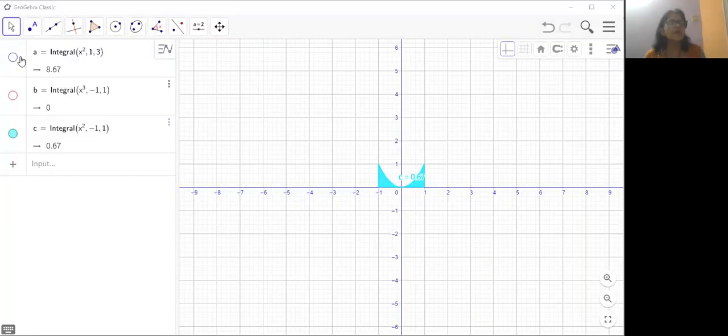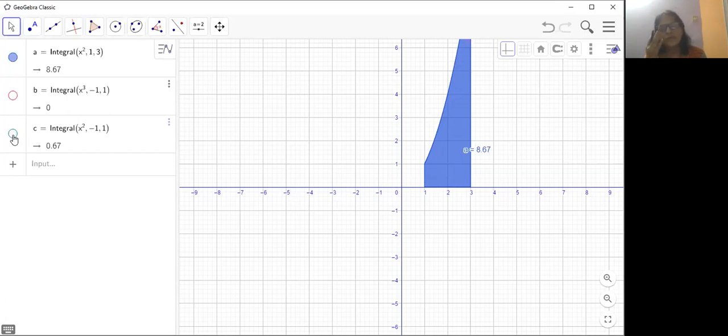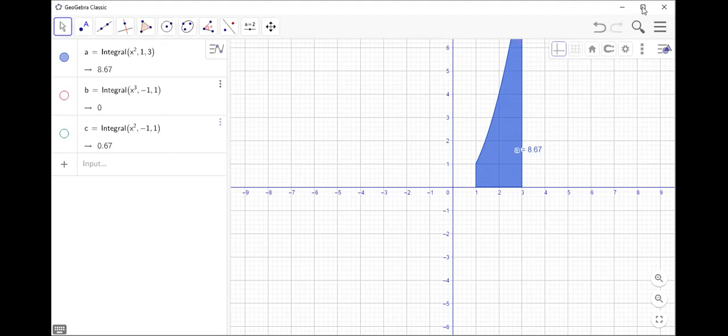Whenever we have taken the definite integral, for example, if I say integral of x square dx, limit from 1 to 3, and I try to draw the graph of this, f(x) equal to x square, you get a parabola which is symmetric about the y-axis.